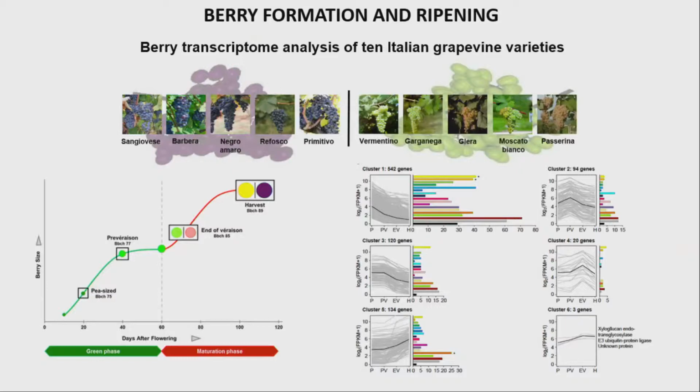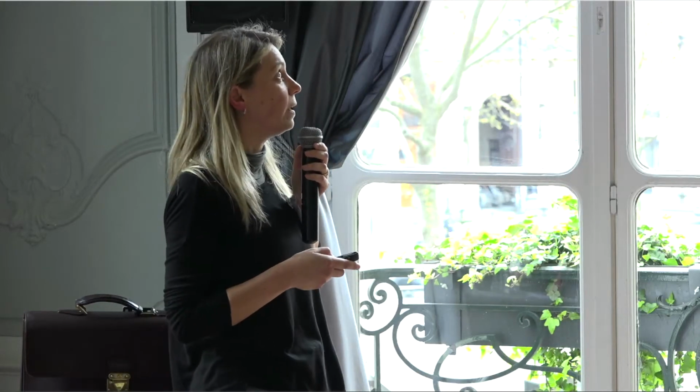In the other study, we found genes that modulate their expression in different conditions. In that case, we worked with different genotypes, but we found common genes that are involved in berry formation and ripening. So it's another important step in the knowledge about this important process at the molecular level.